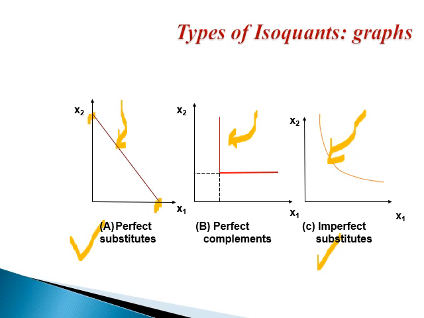It tells you that you have to use this amount of X1 and this amount of X2 in fixed proportions if you are to produce at all. Sometimes you can have a relation like that in agriculture. But again, the most common type of isoquant, without going into great details, is the one in C, which is imperfect substitutes X1 and X2.